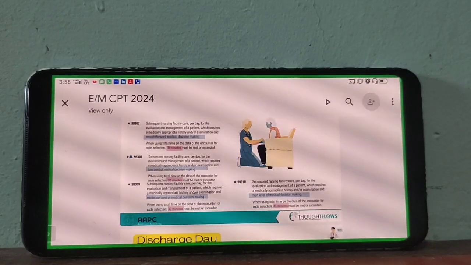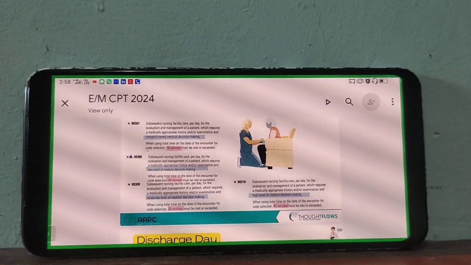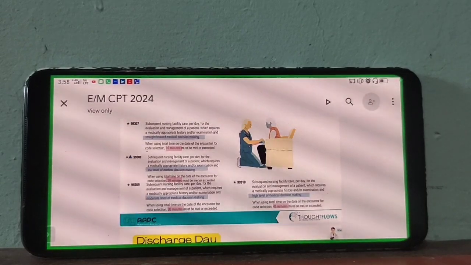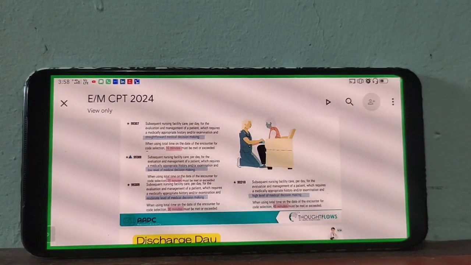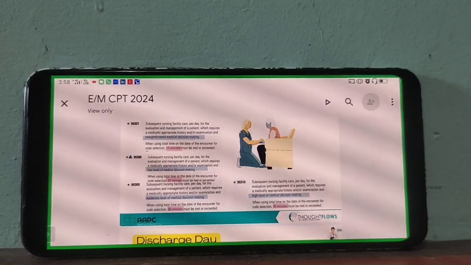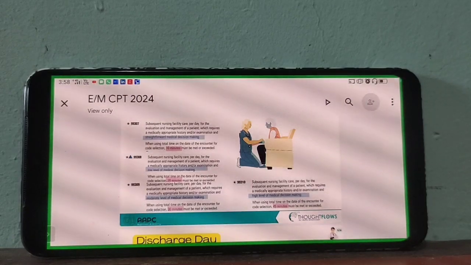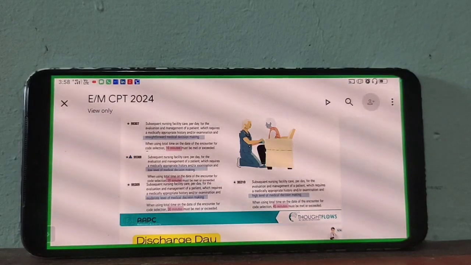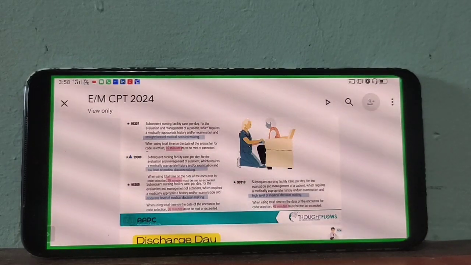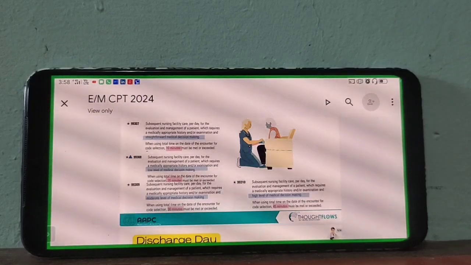But in your CPC exam, they will mention time or MDM only. In your real-time coding, you may face some payers who instruct the coders to follow the codes based on the MDM, but some payers instruct the coders to follow the time.